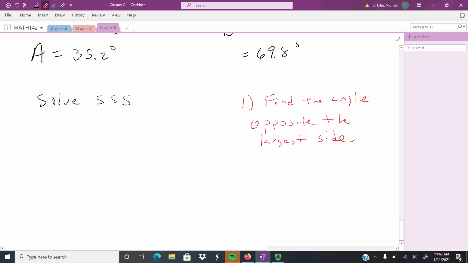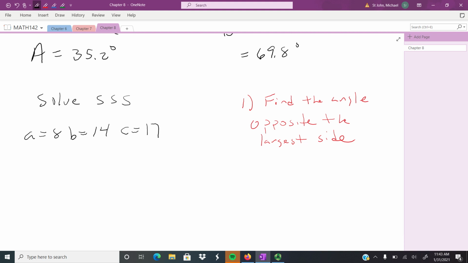Okay. So if I'm given something like this, A equals 8, B equals 14, and C equals 17, well, that would mean in this case I'm going to find angle C first.